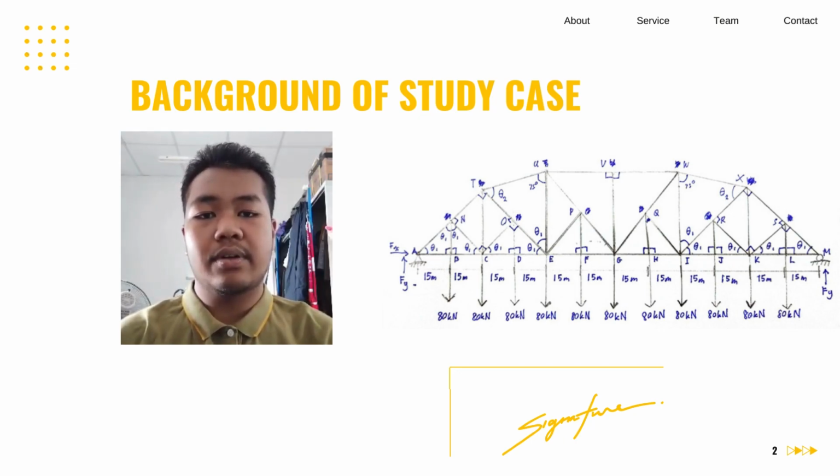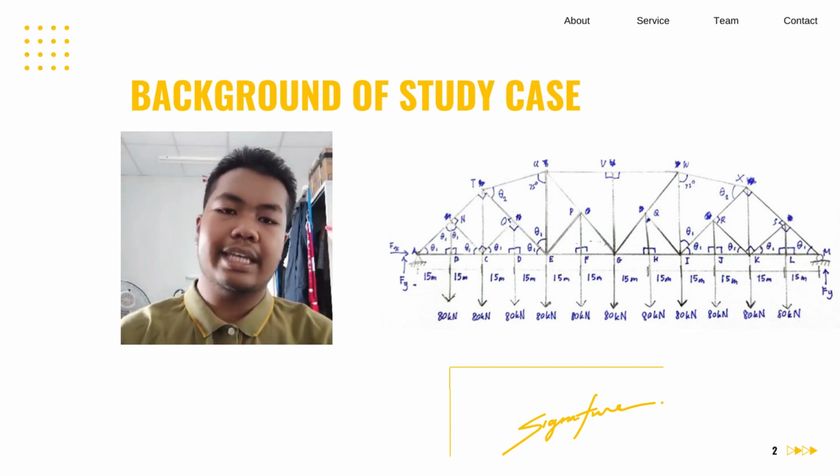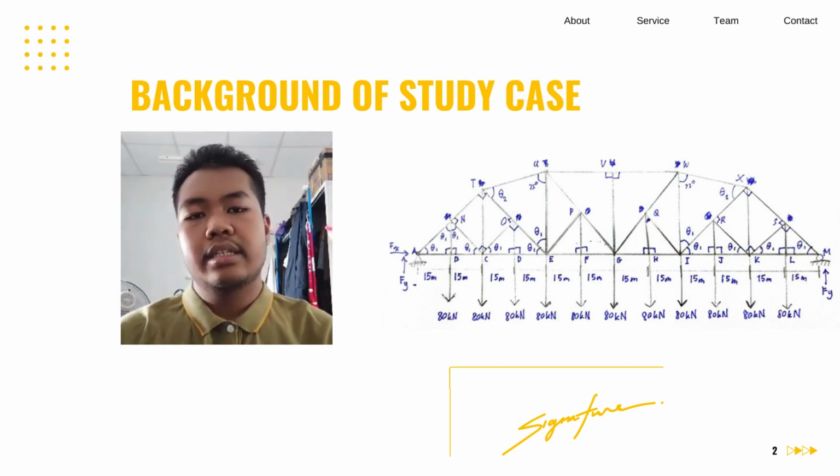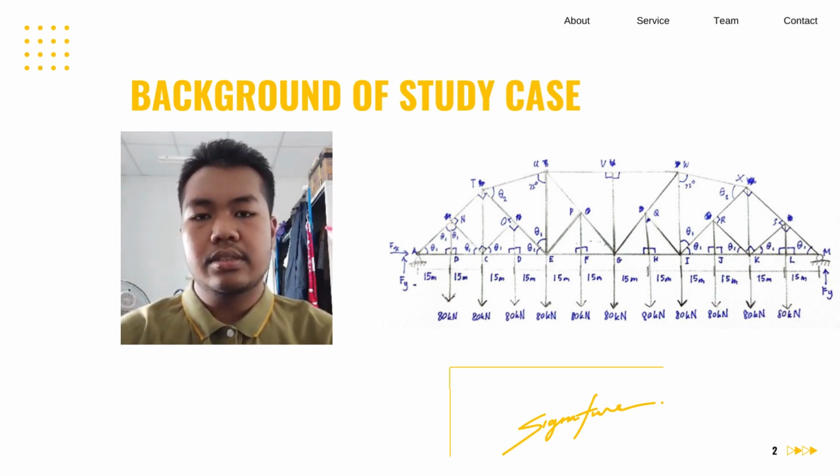The beam reactions are from a pin support and a roller support. As we know, a pin support has an x-axis and then a y-axis reaction, and a roller support has a y-axis reaction only. So that is one piece of information that we can get.